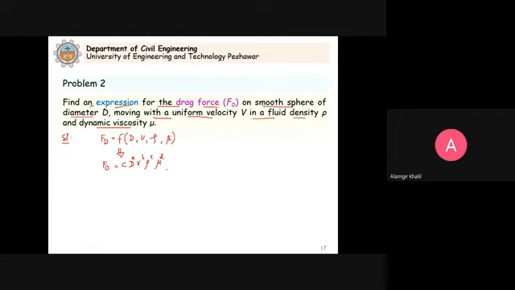Now C is a dimensionless constant. Now again we use the MLT system. Again, I encourage you to solve these problems using the FLT system to check that you get the same answer. You must get the same answer. So let us use the MLT system.